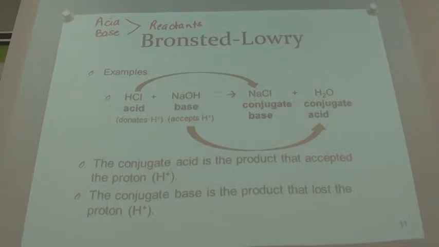The conjugate base and the conjugate acid are always products.